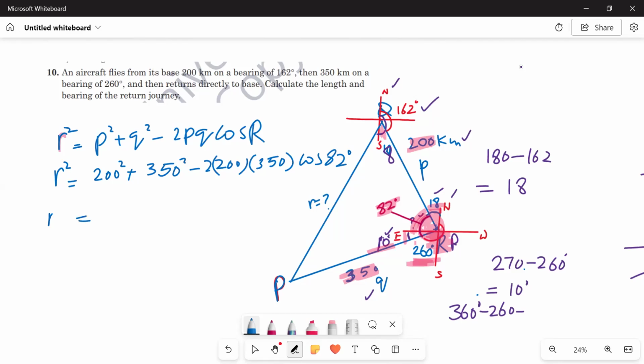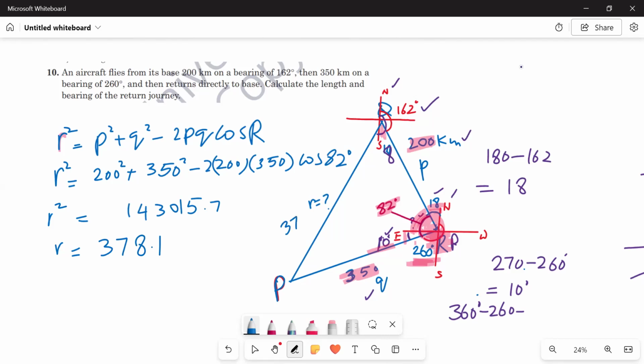So we are getting 143,015.7. But after taking the square root of this, it is 378.1.